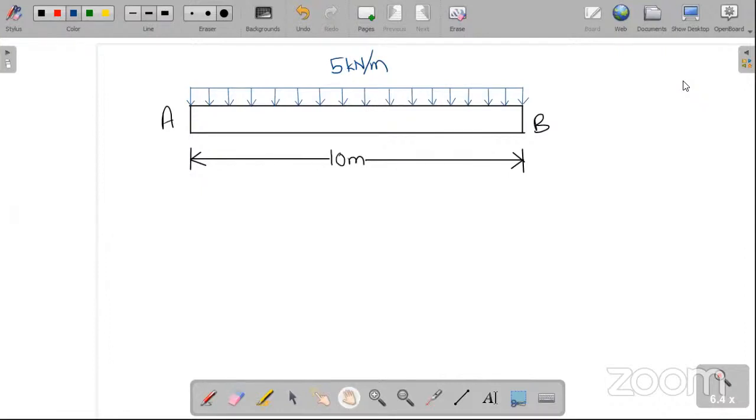What will be the maximum bending moment? What will be the maximum bending moment of this beam? And on the basis of that, we can draw the bending moment diagram as well.